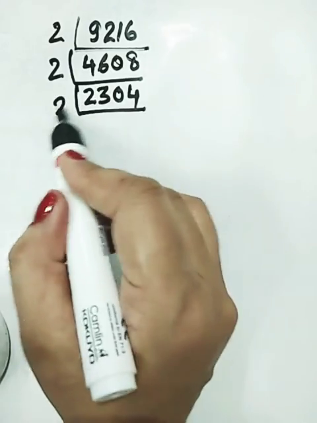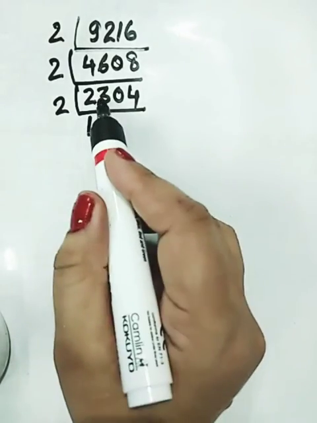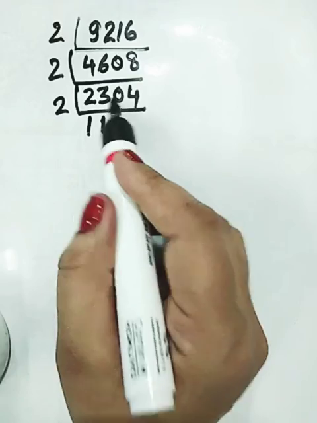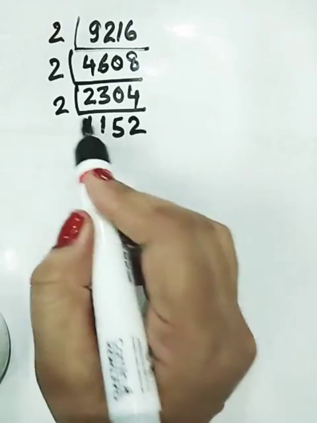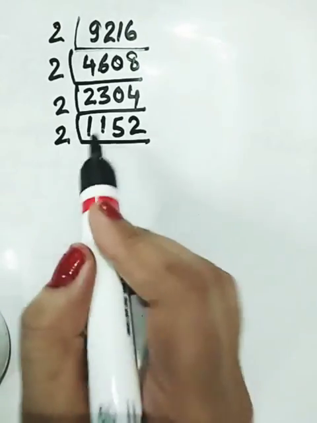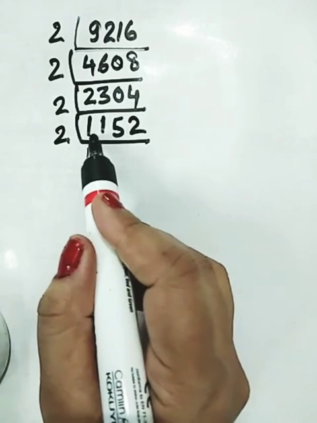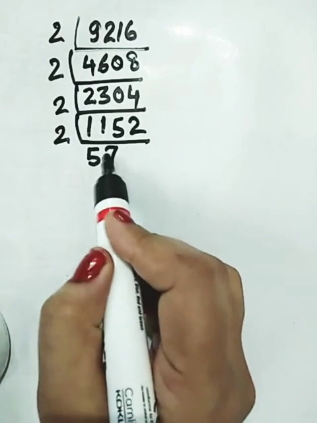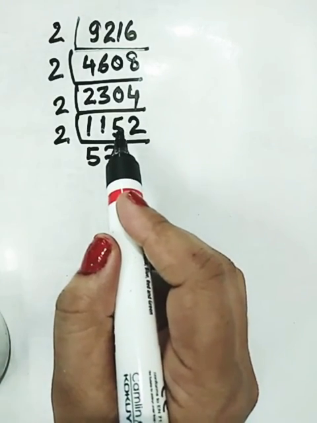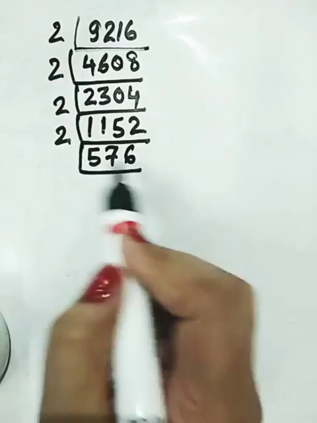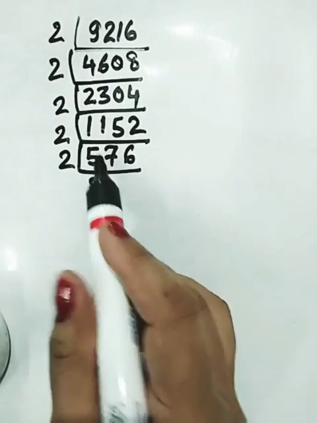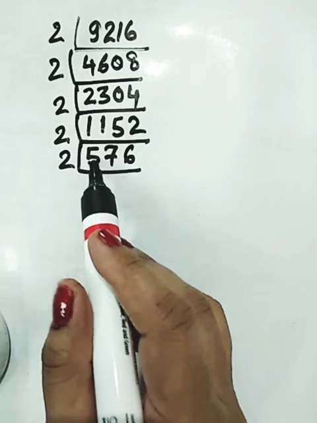Again with 2 times. 2 1s are 2. 2 1s are 2. 3 minus 2 is 1. 2 5s are 10. 2 2s are 4. Again with 2 times. 2 5s are 10. 11 minus 10 is 1. 2 7s are 14. 15 minus 14 is 1. 2 6s are 12. 2 2s are 4. Then 5 minus 4 is 1.